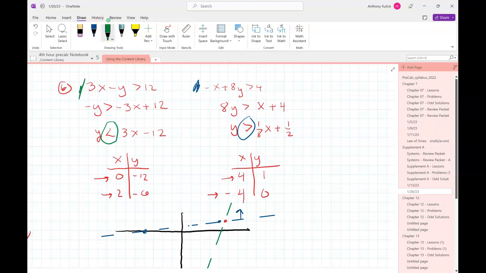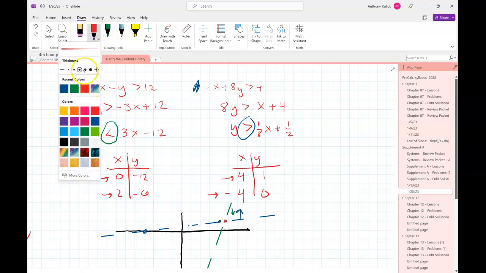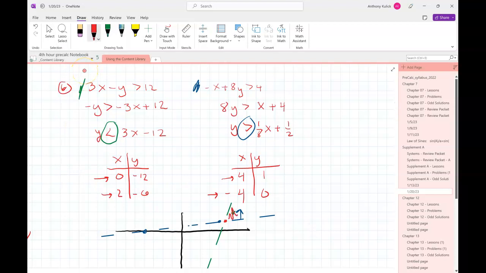For the less than, I'm going to be shading below my line. So the intersection of those two regions is going to be that little V there. So that's where my coloring should be. Any x, y from that region, if I plugged them into both inequalities, should satisfy the inequalities.